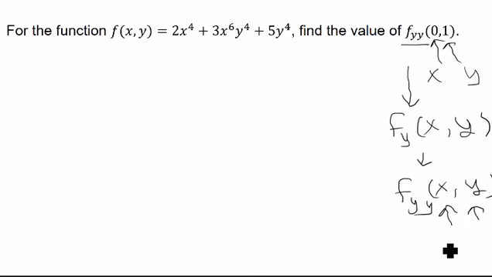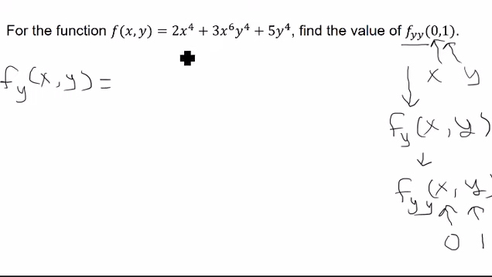So it's going to be 0 there and then 1 there. Okay, so let's do the first partial derivative with respect to y, which is f sub y, x comma y, and that's going to be the derivative of this entire right hand side with respect to y. Now when we're doing it with respect to y, we're keeping the x variable fixed.